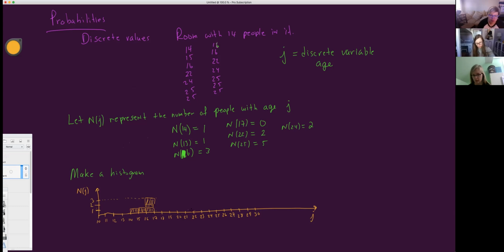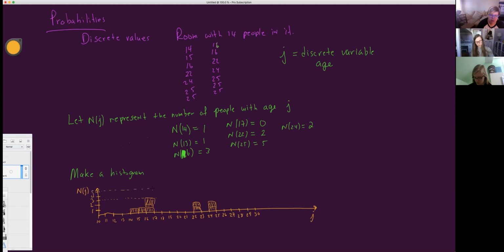We have to go all the way up to 22-year-olds, and we have 2 of those. Then we have a couple 24-year-olds as well. And we have 5 25-year-olds, so we got to go up to 5 here on our plot.